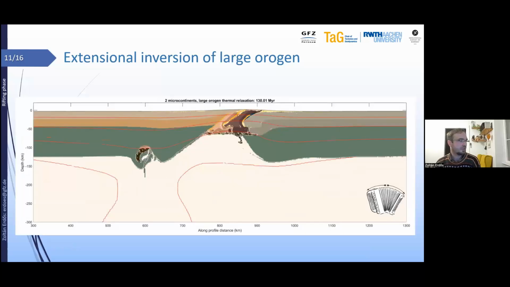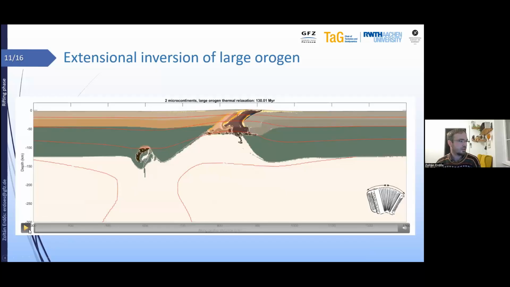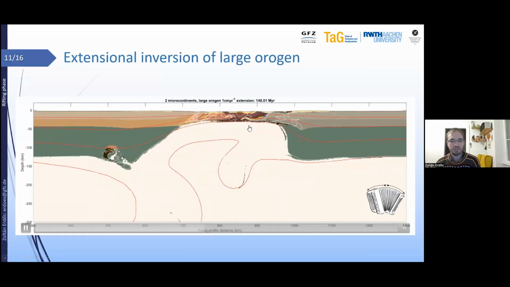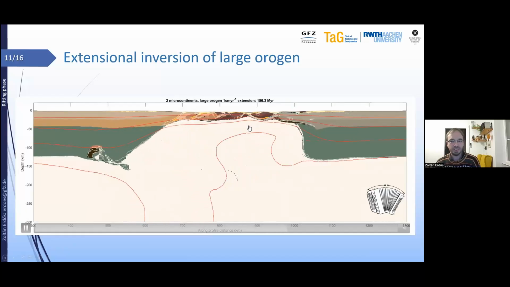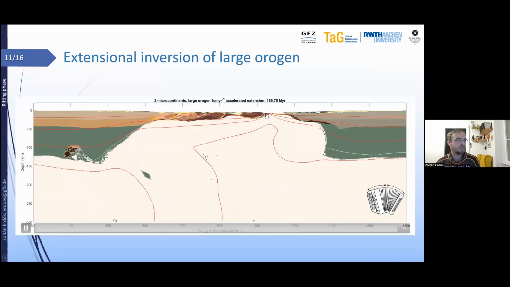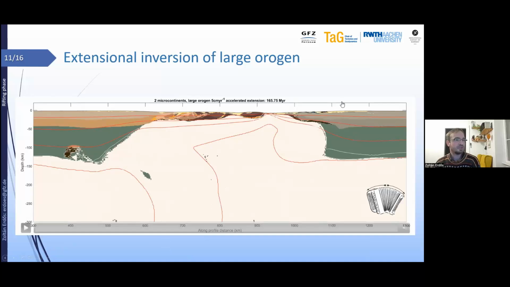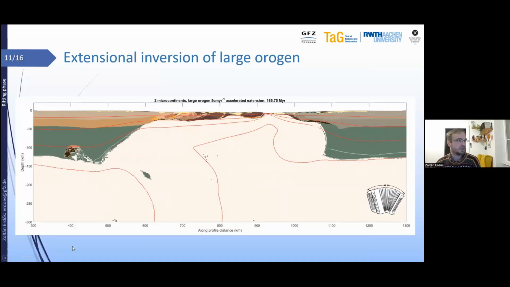Whereas in the large warm orogen, the extension is more distributed. I have Boudinage style deformation, large scale Boudinage style deformation. I'm reactivating some of the sutures, but I'm also creating a lot of new deformation, including deformation of the original incoming plate as well.